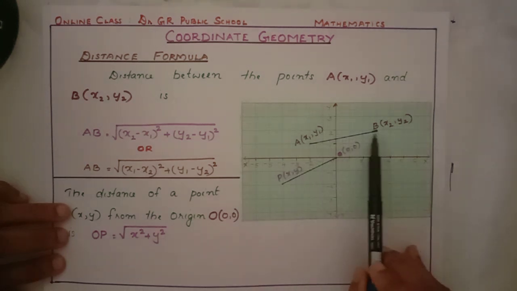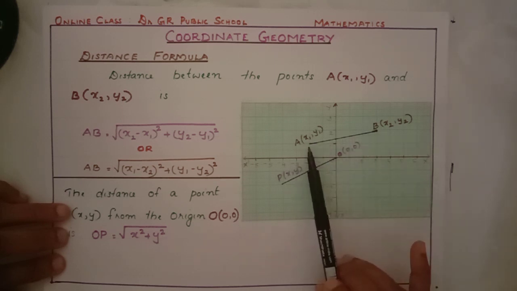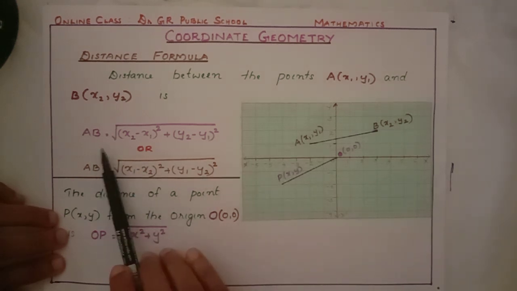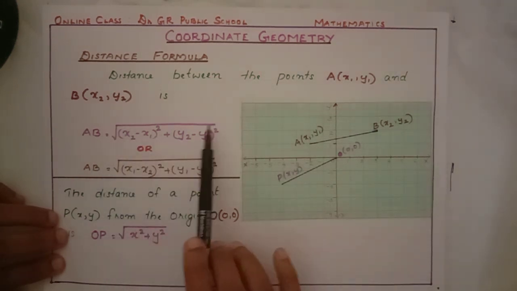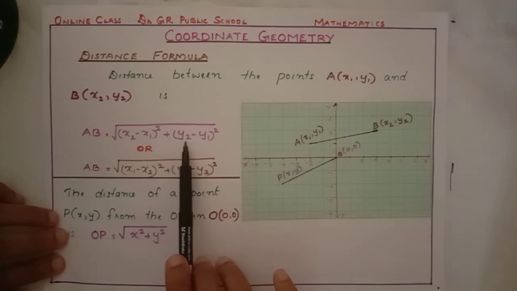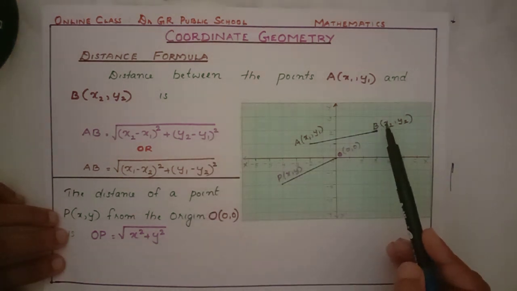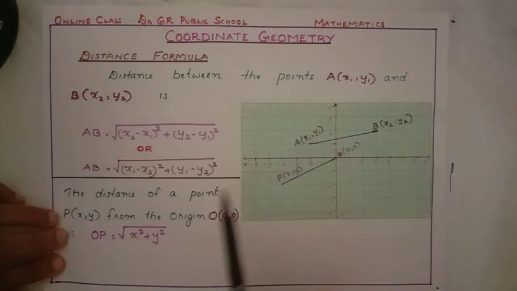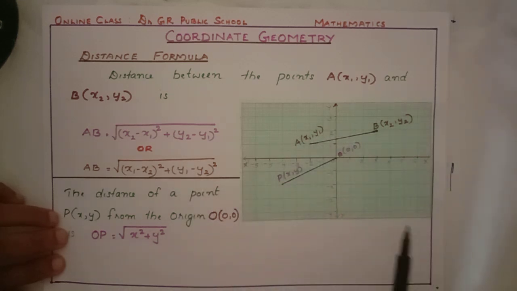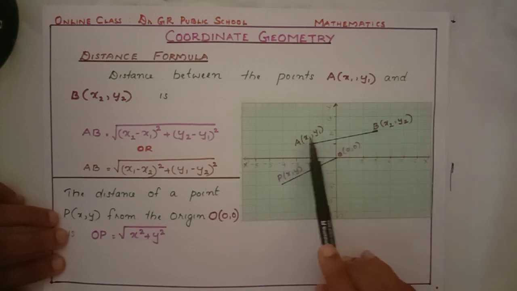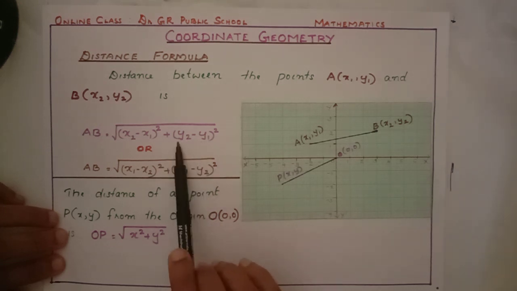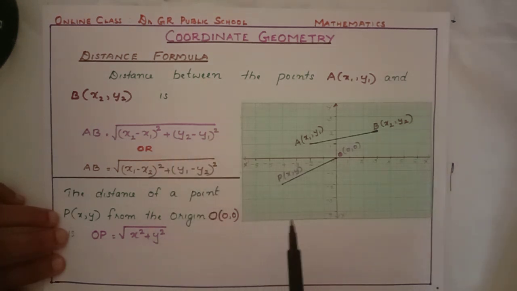The distance AB is the square root of (x2 minus x1) the whole square plus (y2 minus y1) the whole square. That is the difference between the x coordinates squared, and the difference between the y coordinates squared.